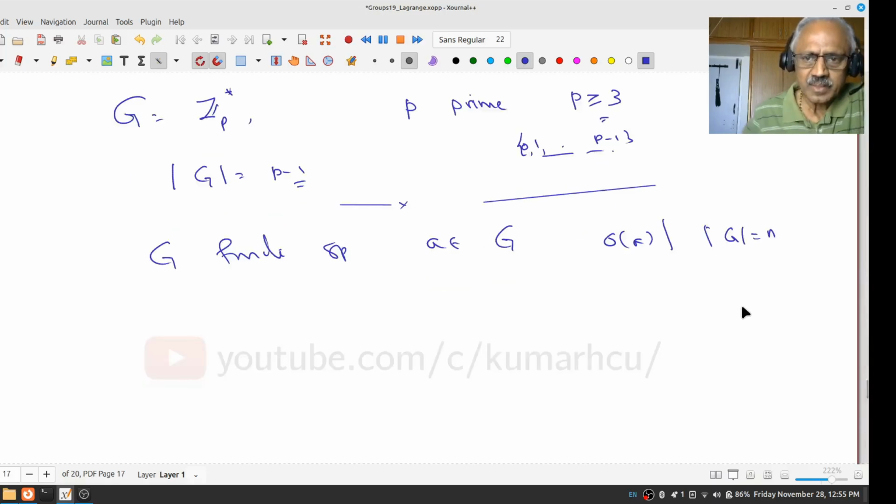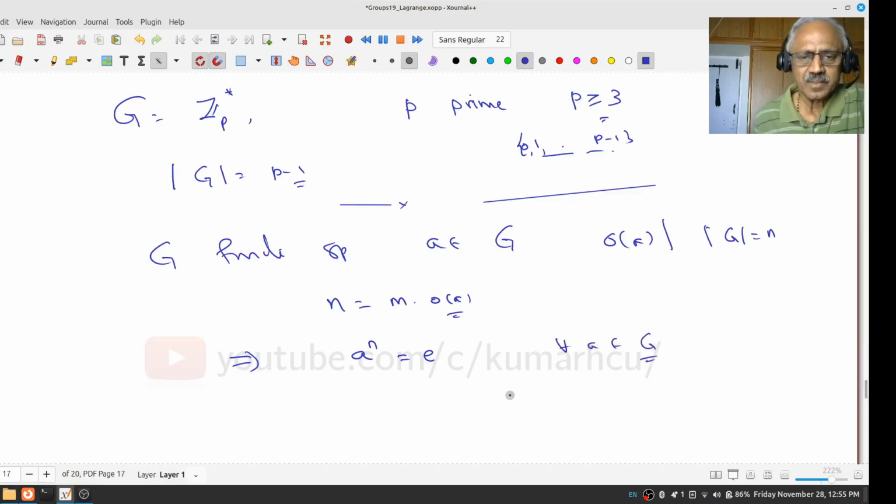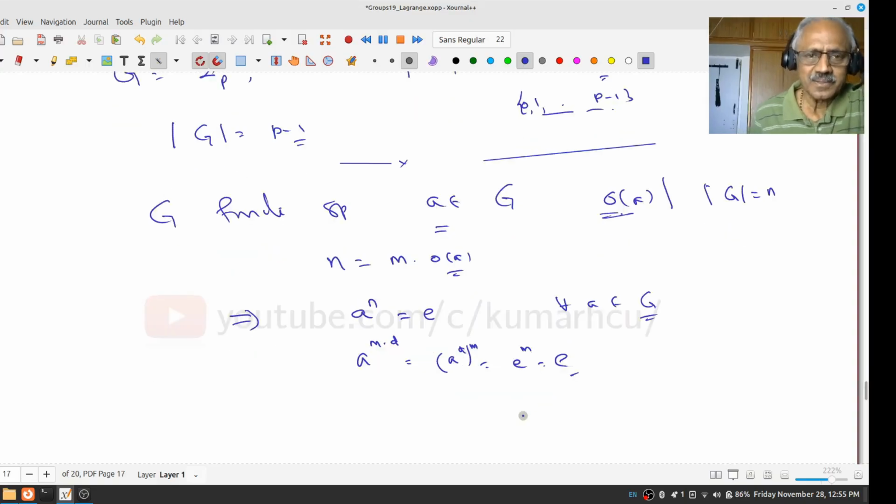Therefore I can write n as some m times the order of A. Therefore it follows that A to the power n is always identity for every A in G. Whatever the order is, it is a divisor of n, therefore I can write n as a multiple of the order of A. Therefore this is A to the power d times m, which is identity. This is a very important corollary, which I forgot.